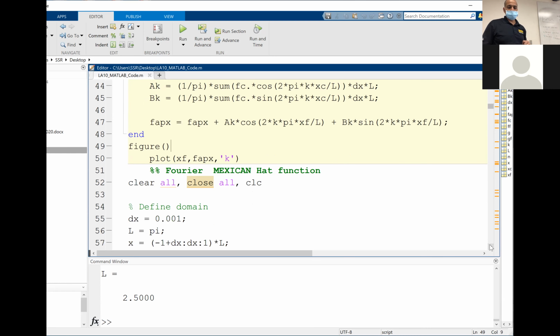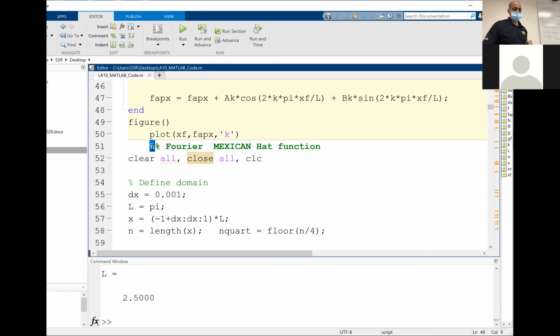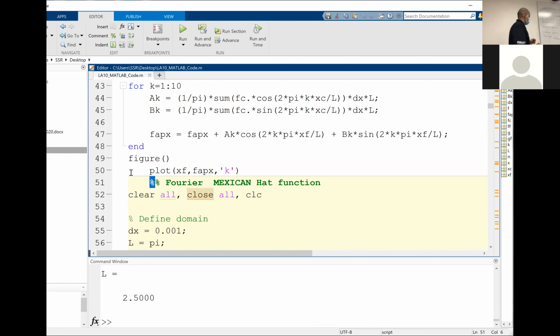Now I want to extend what I just talked about. Fourier basis is two orthogonal functions, a cosine function and a sine function, and we are going to decompose a continuous signal into sines and cosines.